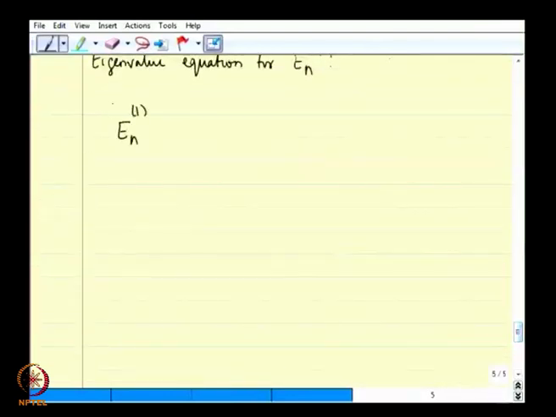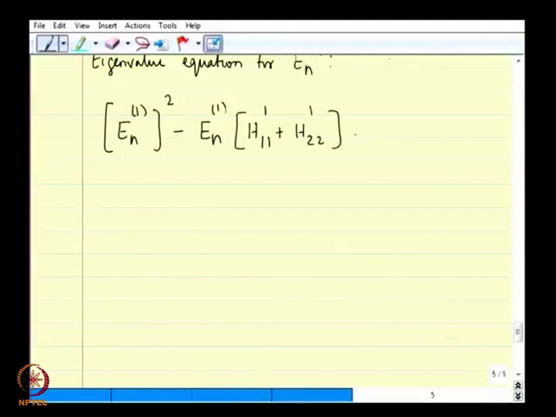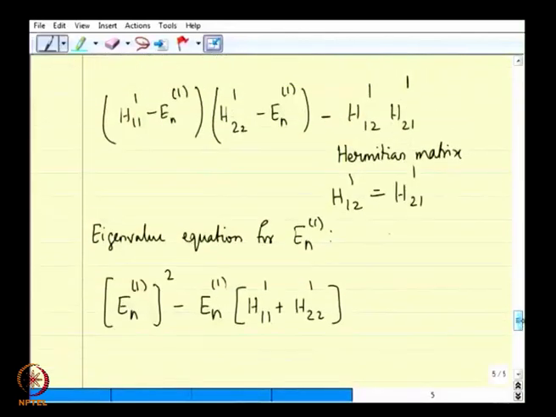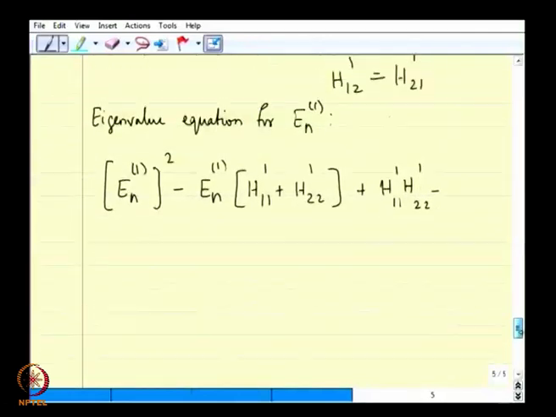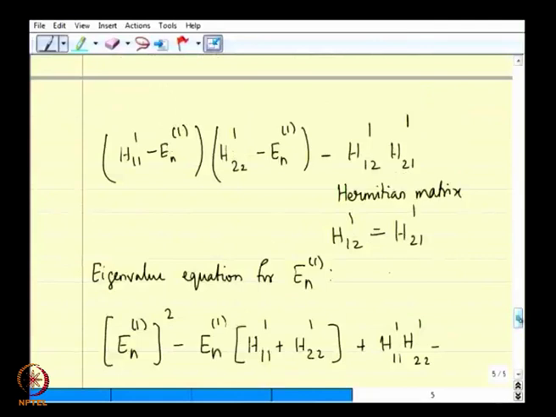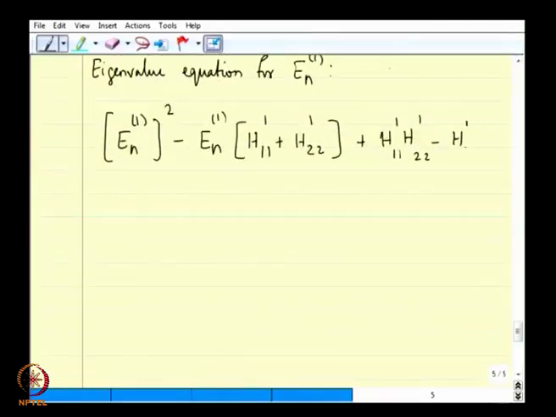It is given by En1 squared minus En1 times H111 plus H221, which is just the algebraic equation, plus H111 H122 minus H112 squared, is equal to 0.